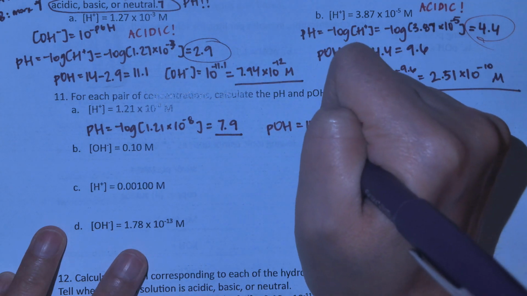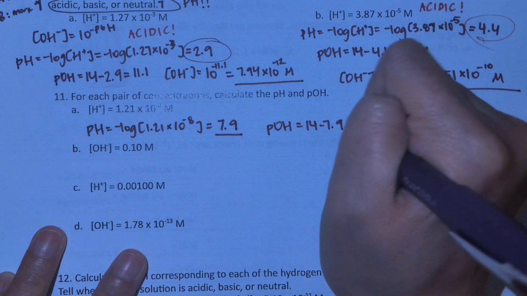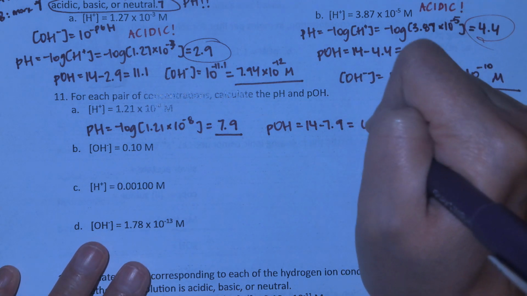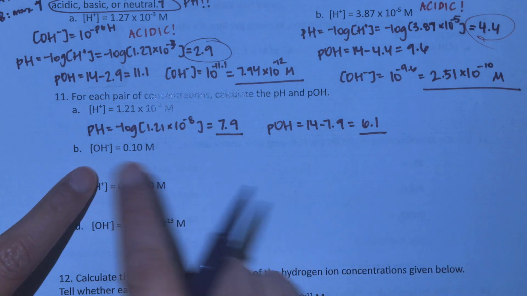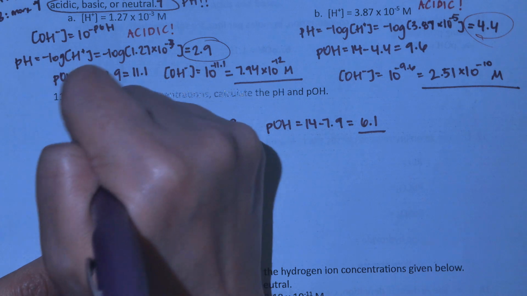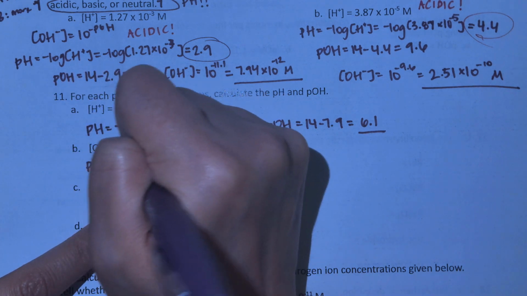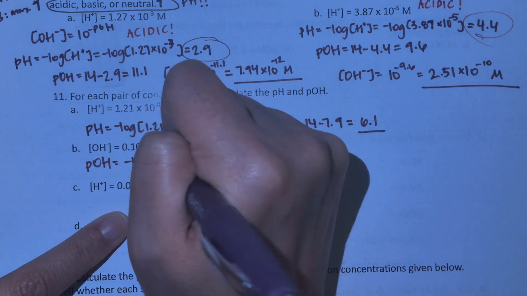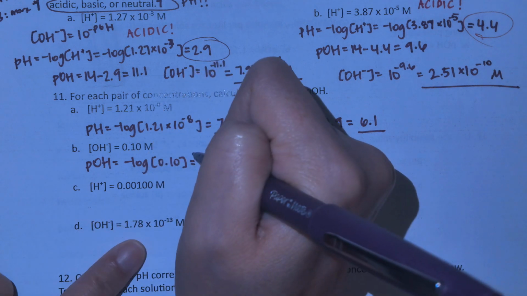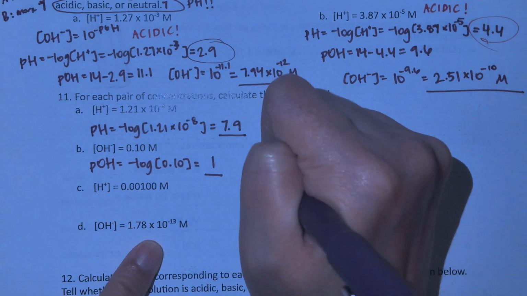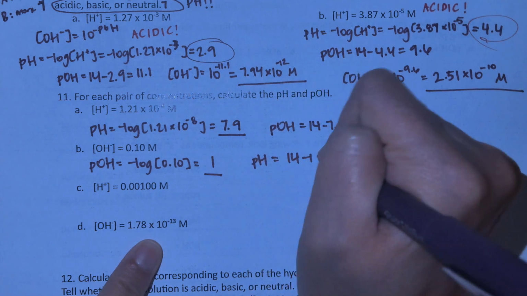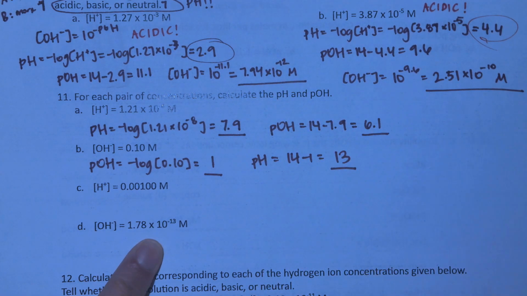You subtract 14. You should get 6.1. Alright, so now OH, you have to find pOH first. Negative log of 0.1, which equals 1. That's pOH. pH should be easy, just 14 minus 1, which equals 13.